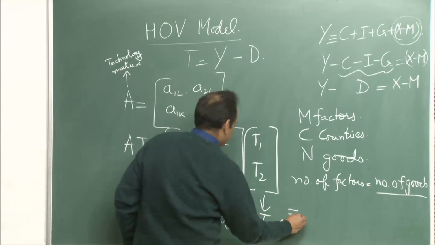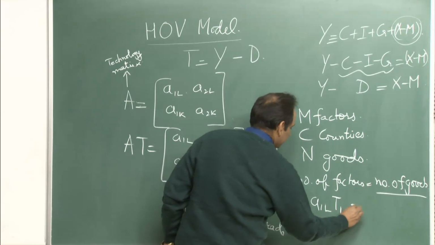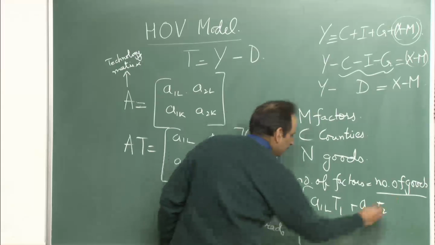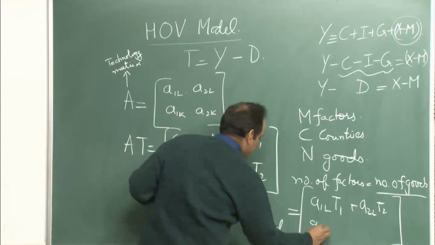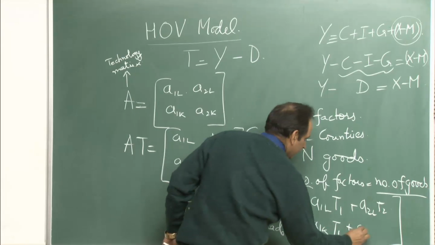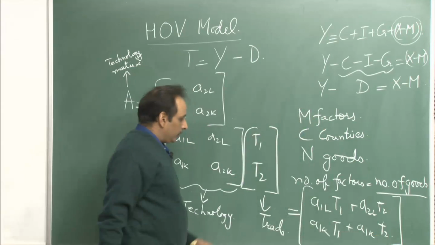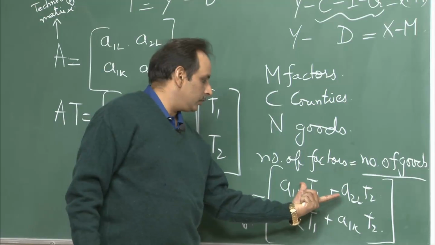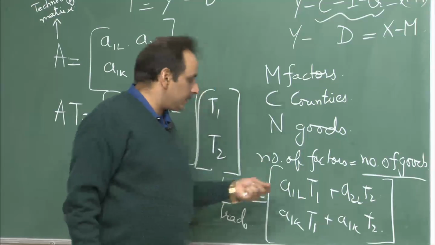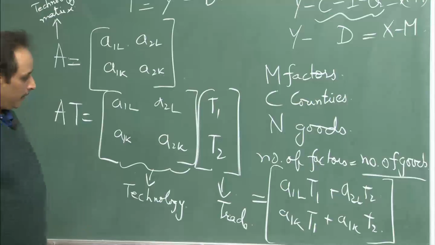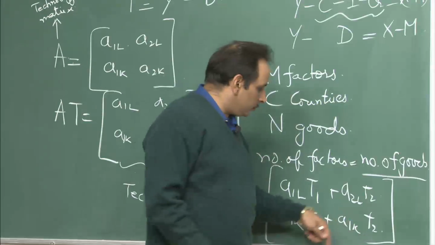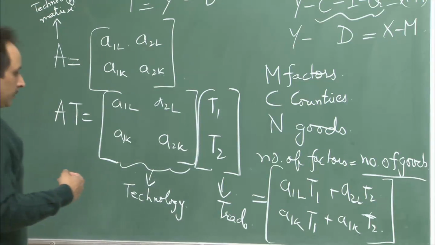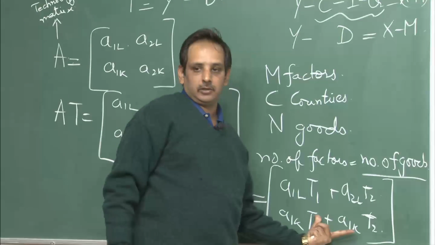If you work on this, it will be A1L T1 plus A2L T2, and this would be A1K T1 plus A2K T2. Now, if you see the first row, it would give you the total labor required to produce and trade two goods. A1K T1 plus A2K T2 is the total capital required to produce and trade these two goods.